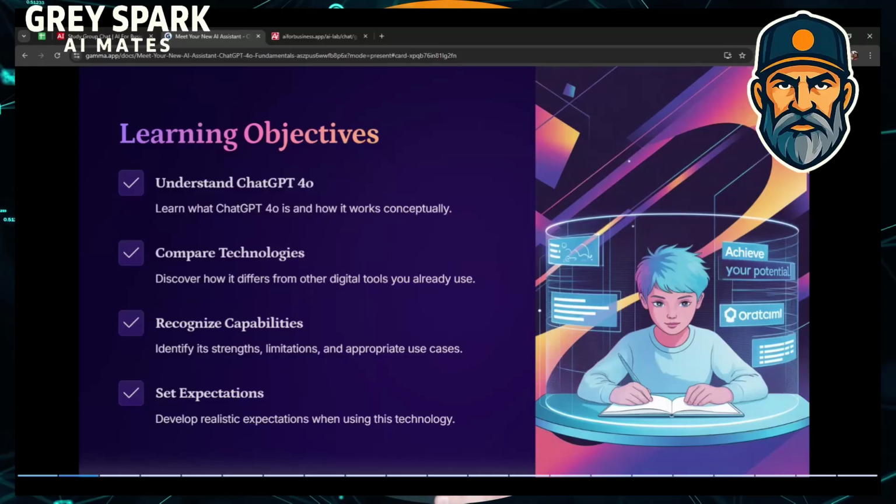By the end of this session, you should, or hopefully will, understand what ChatGPT 4.0 is and how it works at a concept level, how it differs from other digital tools that you may already use, its strengths and limitations, and appropriate use cases. This is important. And the realistic expectations you should have when using this technology, because at the end of the day, it's not magic.